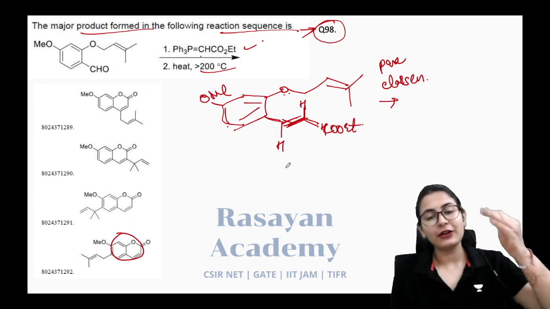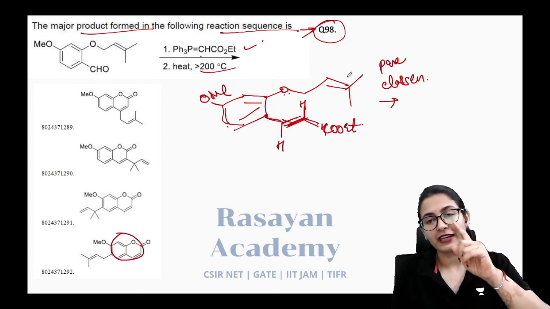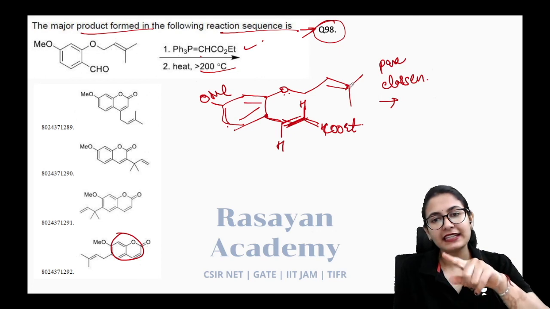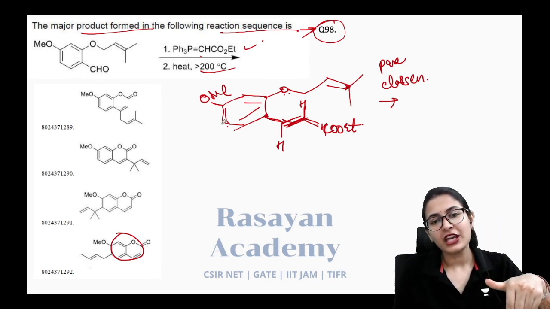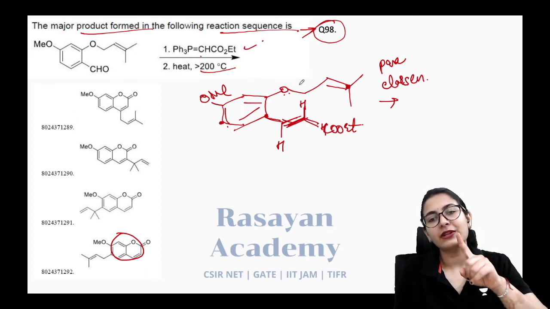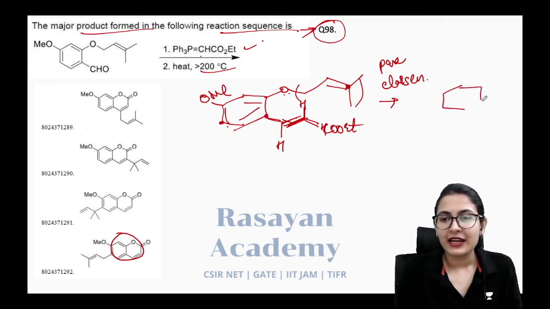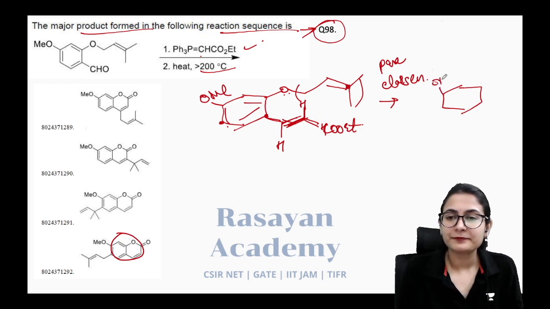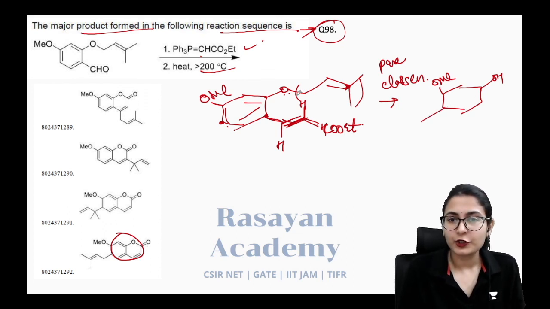So how does it go, guys? First it will go to the ortho by a 3,3 sigmatropic shift, and on the ortho the connectivity will be from the tertiary carbon, and once again it does rearrangement, it goes to the para, connectivity will be as it is. So that is why I can just directly send this part of the molecule to para, to the oxygen.